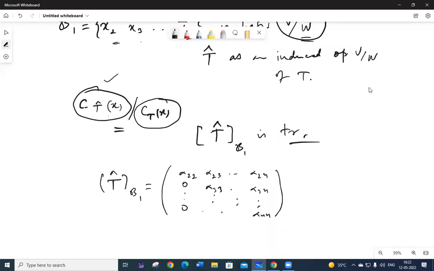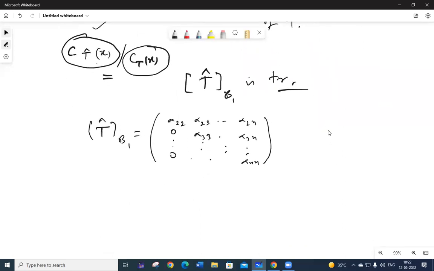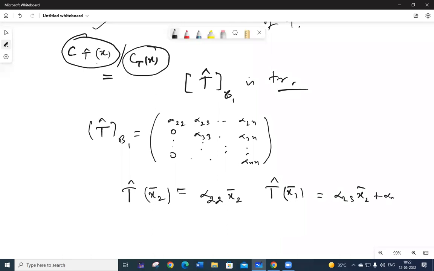But what does that mean? This means T cap of x2 bar is alpha 2 2 of x2 bar. And similarly, T cap of x3 bar is alpha 2 3 x2 bar plus alpha 3 3 x3 bar. This is what it means.